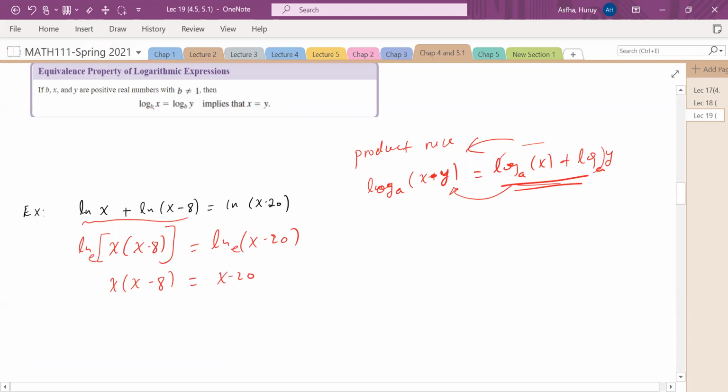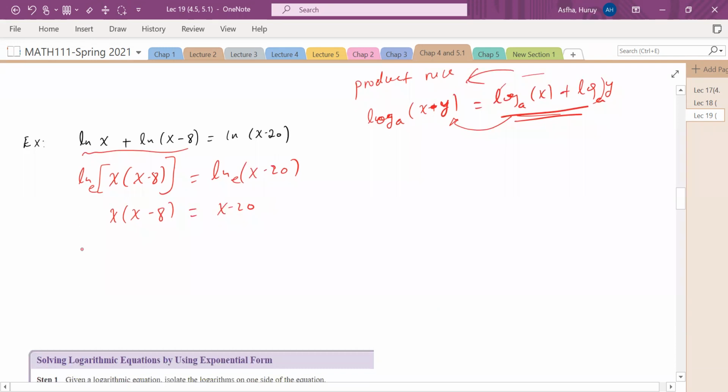Now, distributing this, we get x squared minus 8x, and I will bring this to the other side, minus x plus 20 equals 0. Okay. And here we have x squared minus 9x plus 20 equals 0.